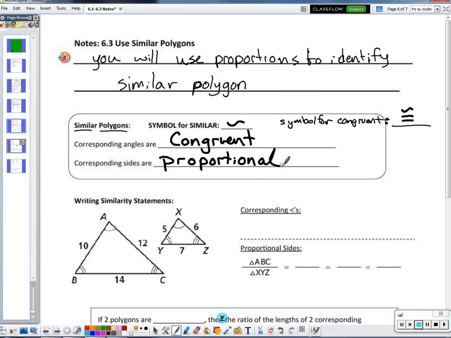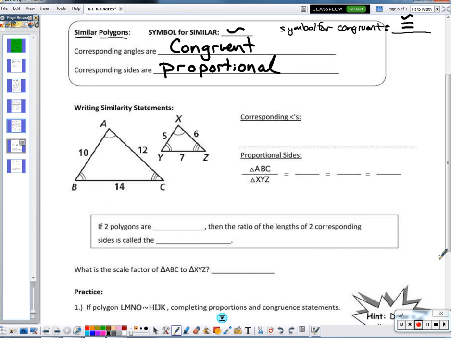So when I look at the corresponding angles, what angle corresponds to the other angle? What does angle A correspond to? X. Angle A would be congruent to angle X, because they are similar figures. Angle B would be congruent to what? Y. And angle C would be congruent to Z.